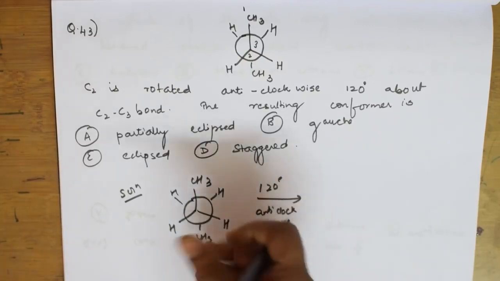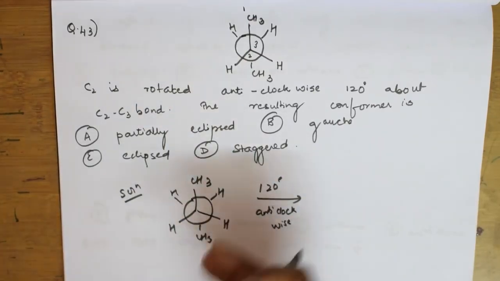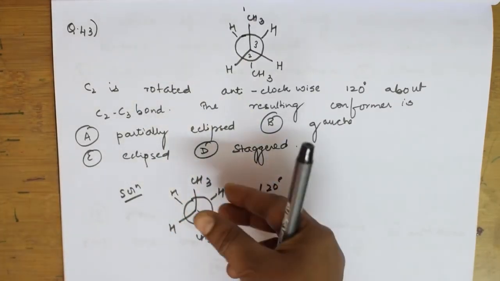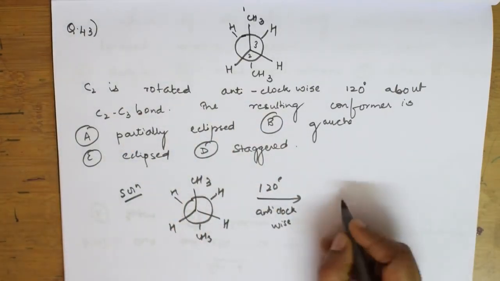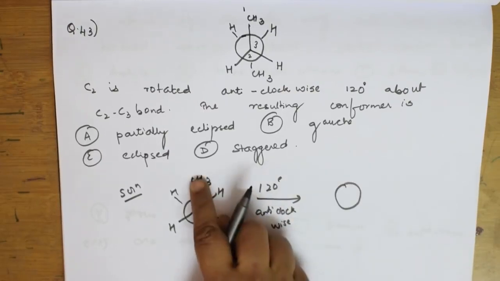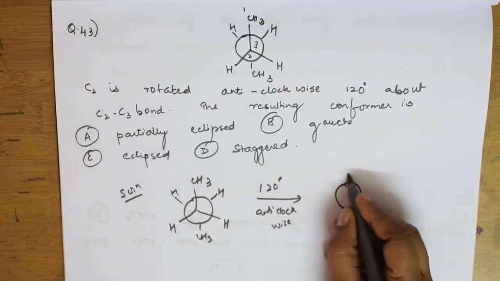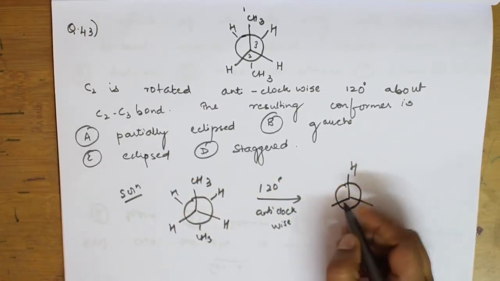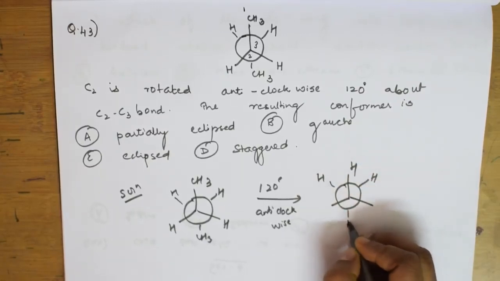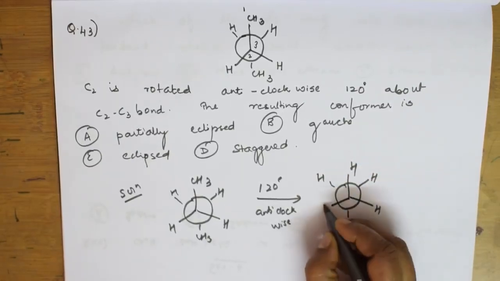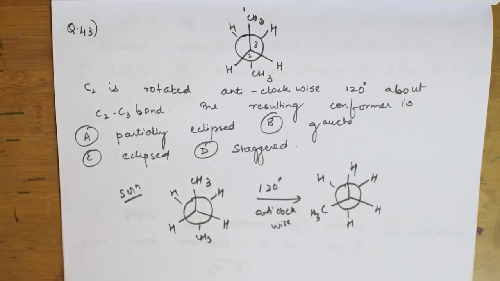So I have to rotate 120 degrees anti-clockwise. Then when I am rotating like this, just here, like this I have to rotate. So CH3 comes here, isn't it? This goes here. Hydrogen, hydrogen, hydrogen, hydrogen, hydrogen, and CH3 is here.